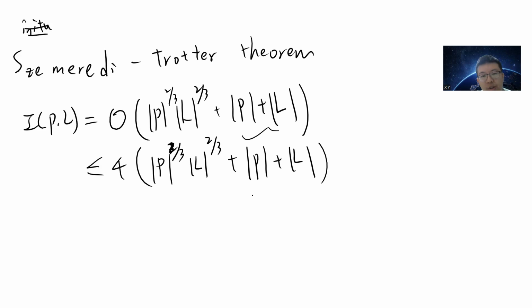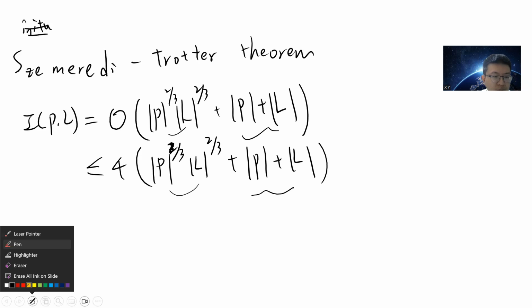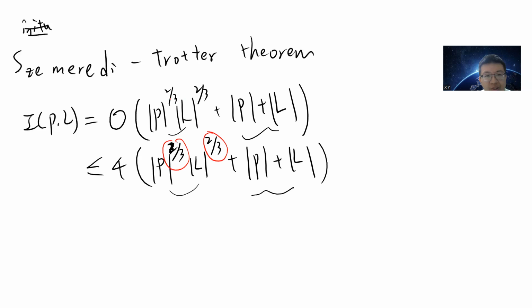So the idea is that you can only get linear in points and linear in number of lines, but when you get the product term, this product can only be bounded by 2/3. At most it can go to 2/3. It cannot be 1 and 1. So it's 2/3.